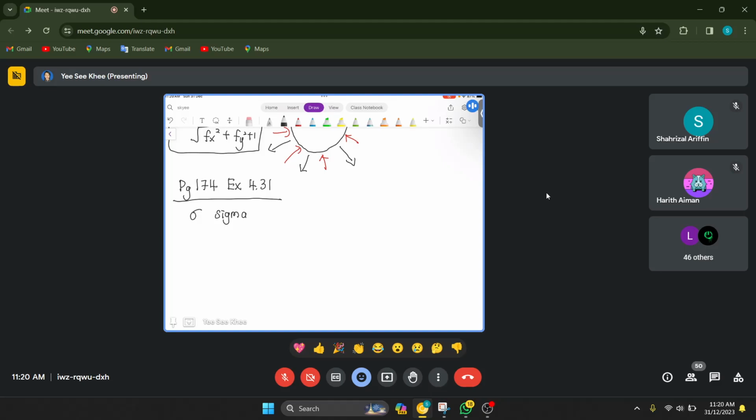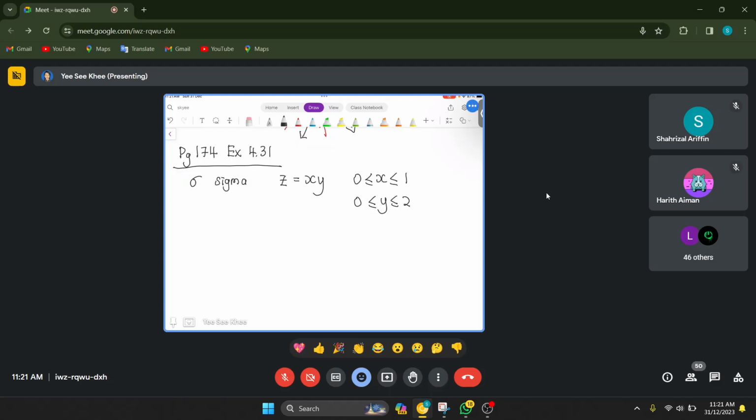Sigma is the surface of the plane, so this plane has equation z equals xy. The limit for x is from 0 to 1, and for y is from 0 to 2.